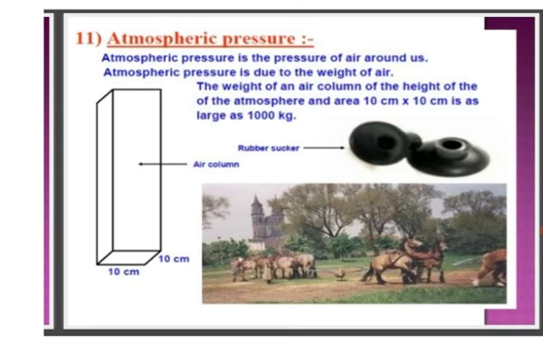In this way, near the earth's surface the atmospheric pressure is high, and as we go above in the air, the atmospheric pressure decreases. The weight of an air column of the height of the atmosphere and area 10 centimeter by 10 centimeter exerts about 1000 kilogram force.